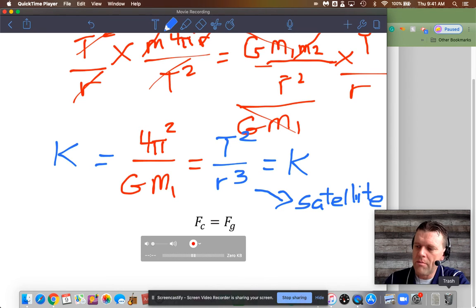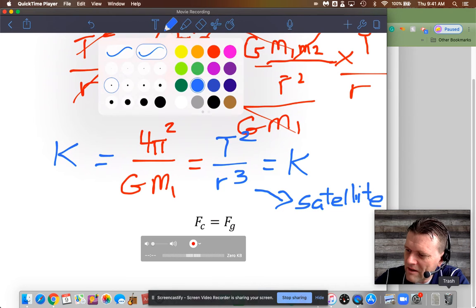The only property out of all of these variables that comes from the planet, or from the sun, the body that's being orbited, is the mass. And there it is here on the left.